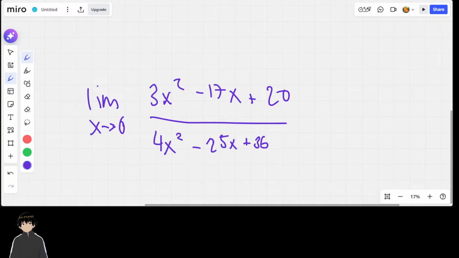Okay. It adds to negative 17. What would you add two numbers?